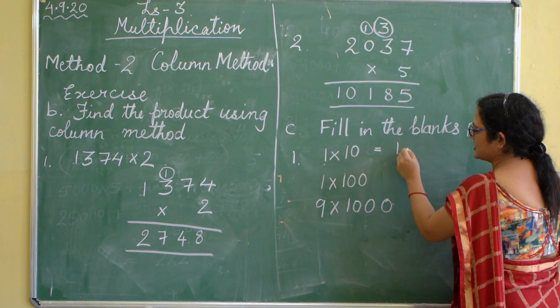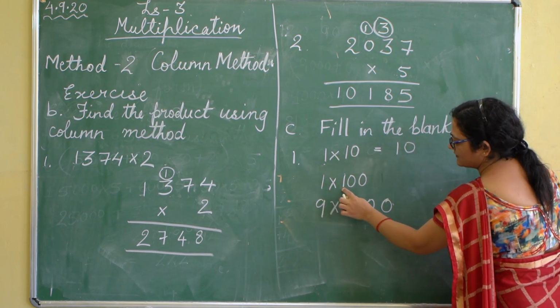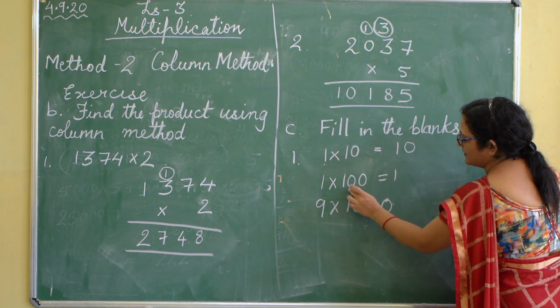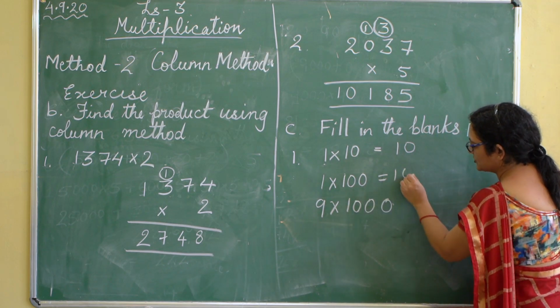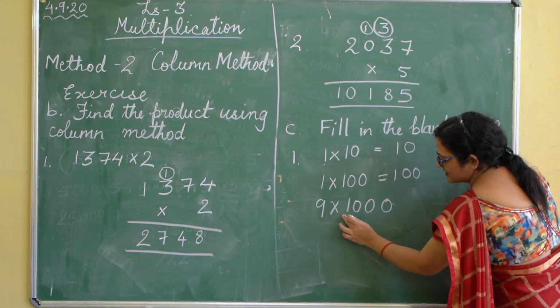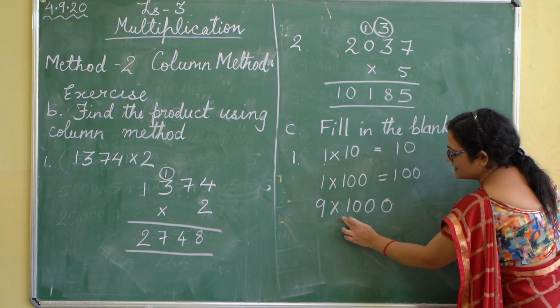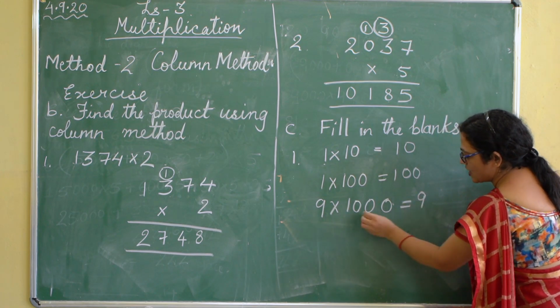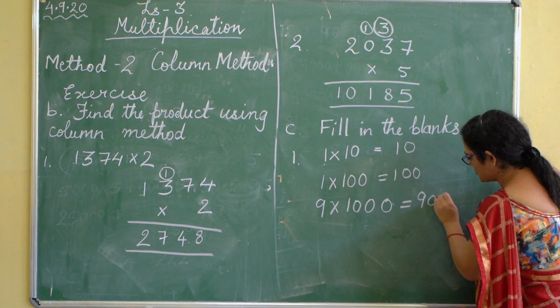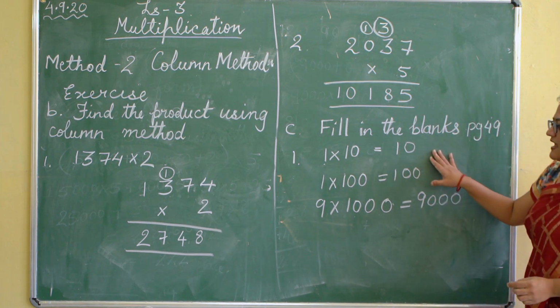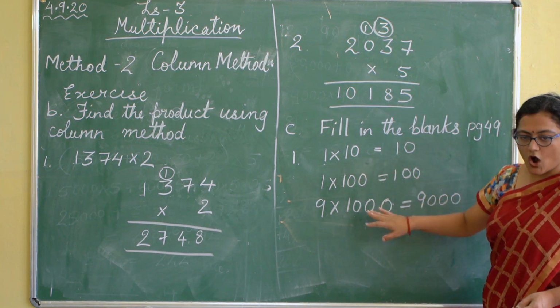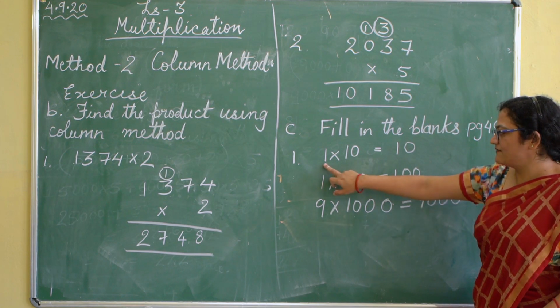How many zeros are there? 1. Same way, 1 ones are 1, how many zeros? 2 zeros, we'll put 2 zeros. 9 ones are 9, and how many zeros? 3 zeros.